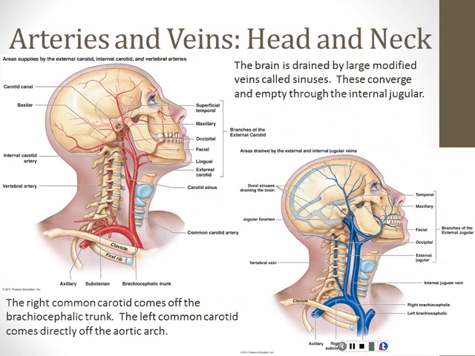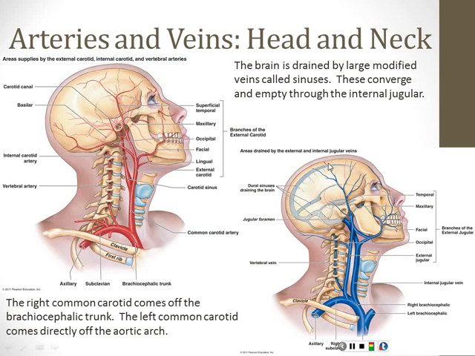All right. Let's see. The brain is a little different. It doesn't have veins, per se. Instead, it's drained by what are called sinuses. And a sinus is really just a big vein that is held open by bone and other tissues.